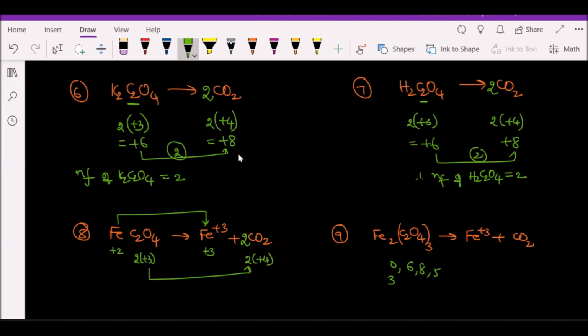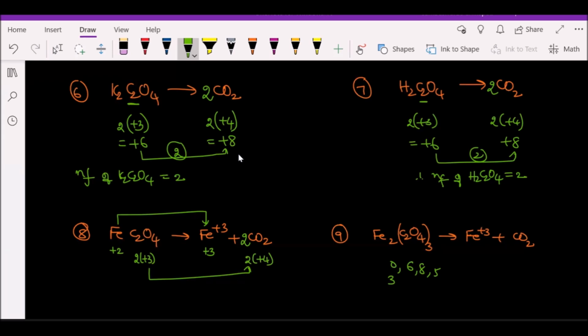More than one element can be oxidized from the same reactant. In all 7 examples above, only one element was undergoing oxidation or reduction, but now I changed it.